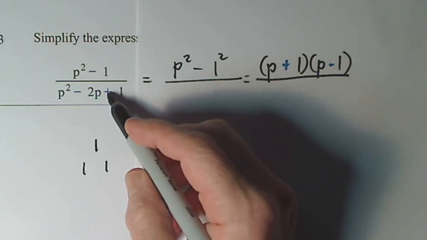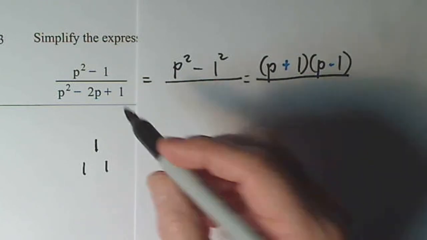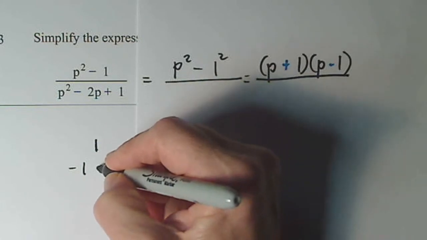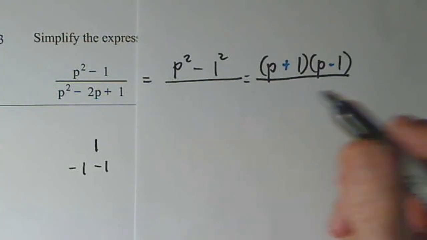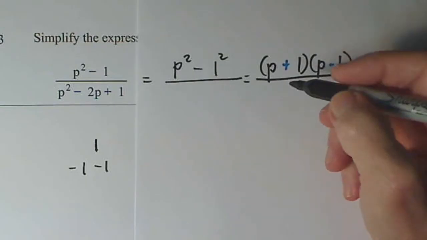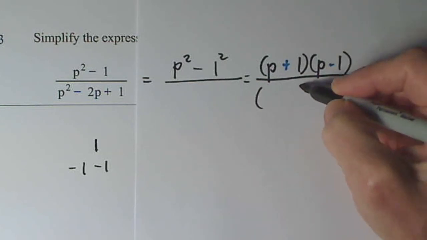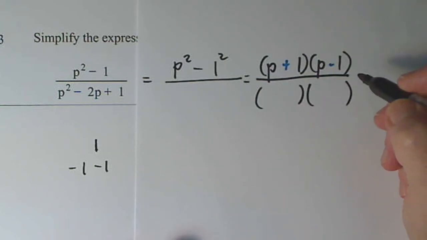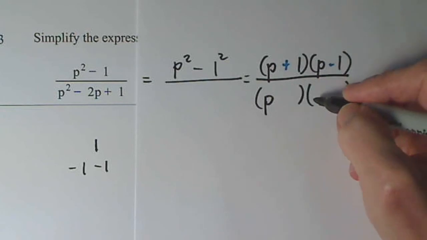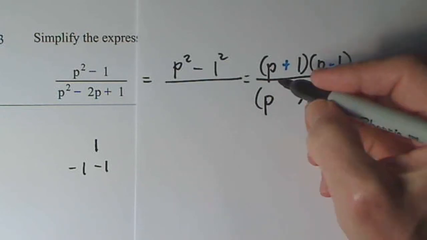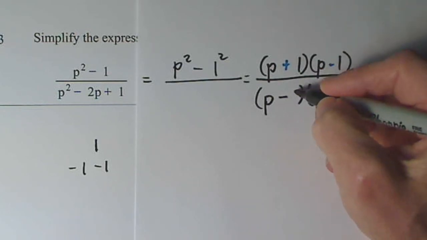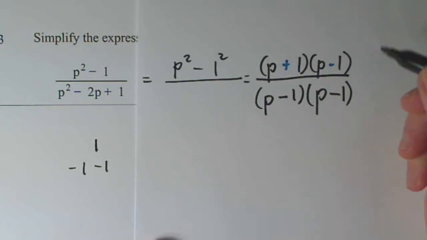For this to be positive, that means the signs have to be the same. If I have a negative times a negative, I'll get a positive 1. So we can factor the bottom. Simply a p in the first position and -1, -1.